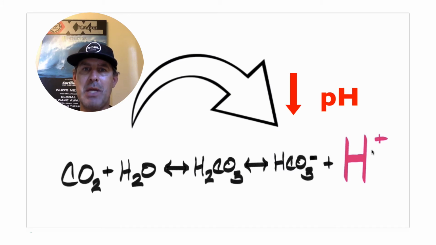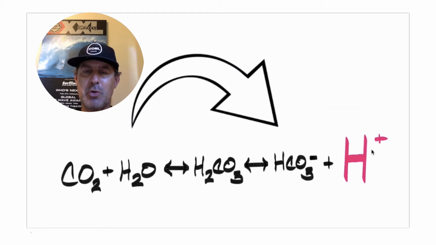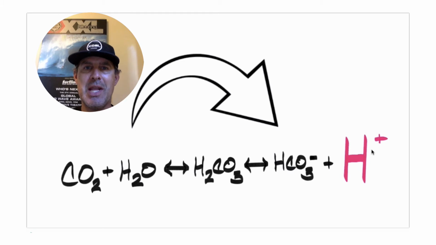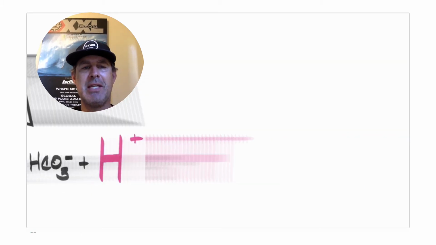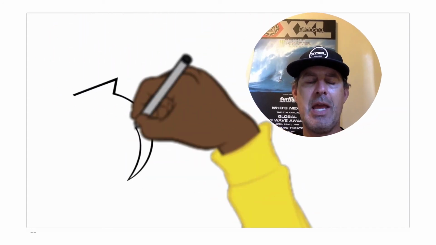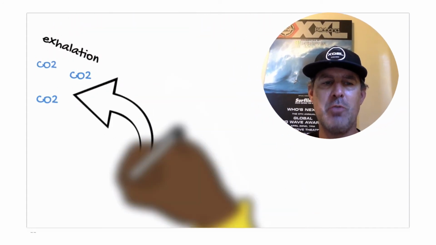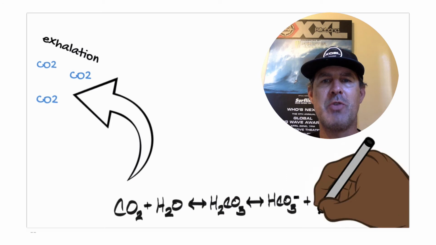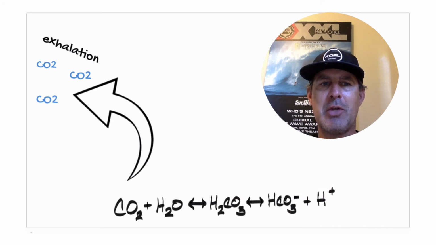And a decrease in pH, like we've discussed in previous videos, can cause problems with proteins and cause proteins to denature. If proteins are denaturing, they aren't functioning as they're supposed to be functioning. So there's another better option for this. As we can see in this next scene, if we get rid of the CO2 before it has the opportunity to move to the right, we will not have an increase in the hydrogen ion concentration in the body.